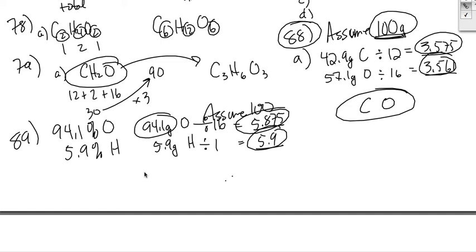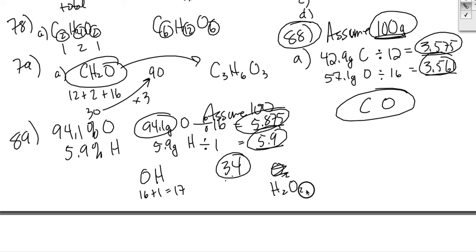So this is OH, a 1-to-1 ratio. But it says the molar mass is 34. This molar mass is 16 plus 1, which is 17. But the actual molar mass of what we're looking for is 34, so it must be double. So the formula we're looking for is actually H2O2. It's hydrogen peroxide. Okay?